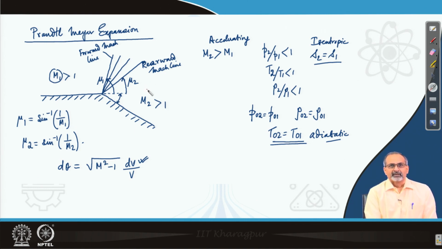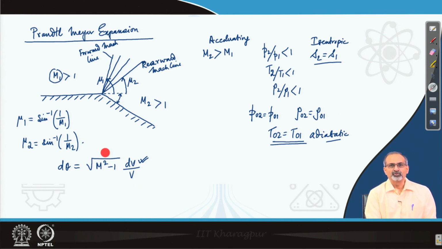The forward Mach line is associated with a particular angle mu 1, which is given by sine inverse of 1 over the upstream Mach number. The rearward Mach line is associated with a mu 2, which is associated with the downstream Mach number, and this is the differential relation which connects the wall inclination downwards, given by the angle d theta on the left hand side, and the velocity change, essentially the acceleration dV over V, and the square root of M squared minus 1.